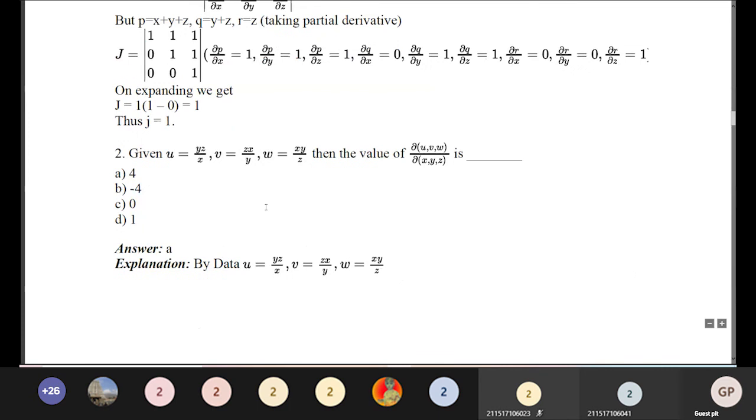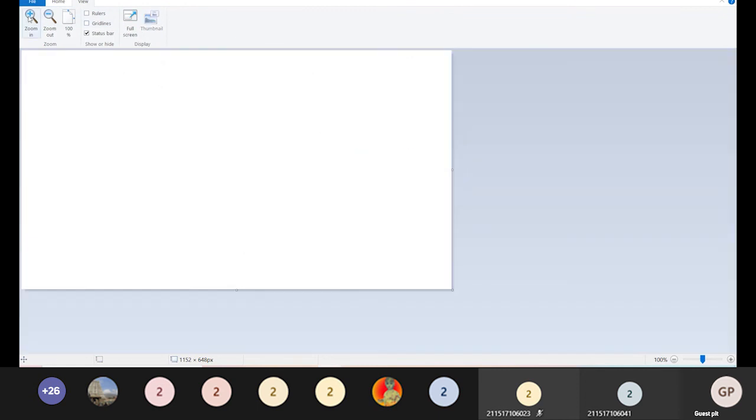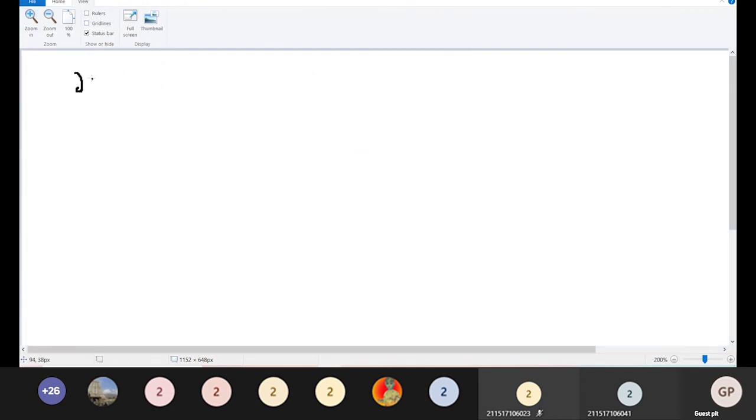One more example for Jacobian. Here u, v, w are functions of x comma y comma z. What is dou of u comma v comma w by dou of x comma y comma z?